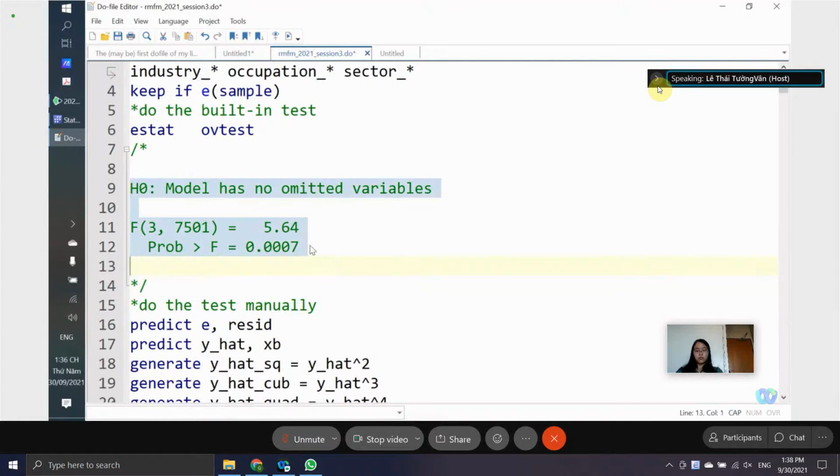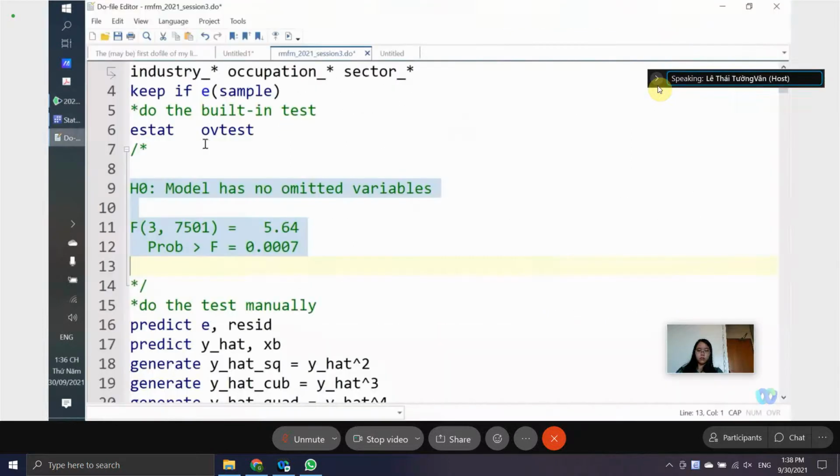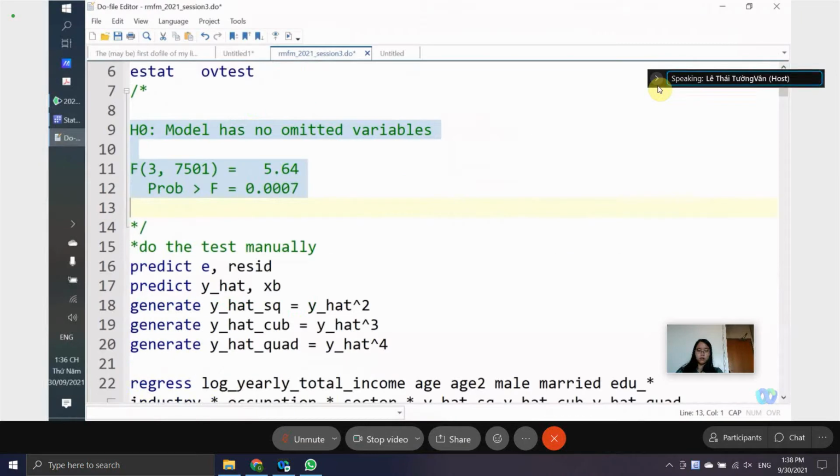Basically, you test simultaneously the coefficients of y hat square, y hat to the power 3, and y hat to the power 4. And what is our conclusion here? If the result is like this one, if you read the statement of the software, how should we interpret the answer?